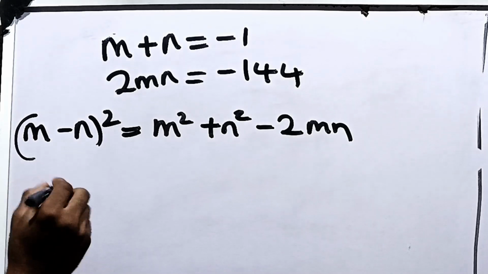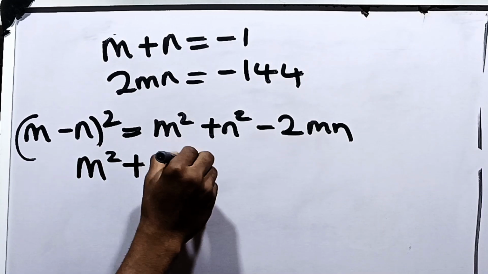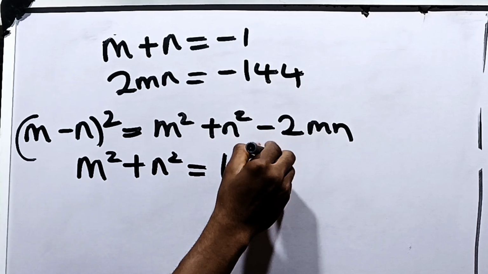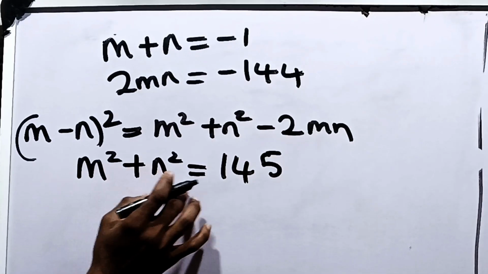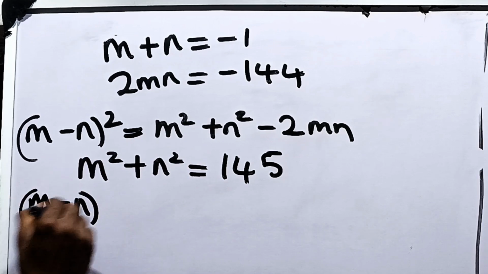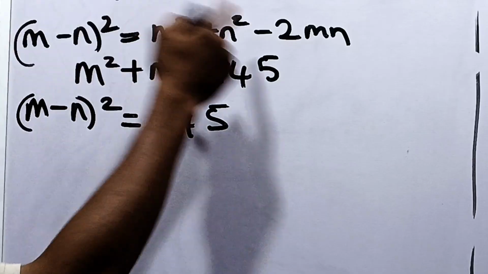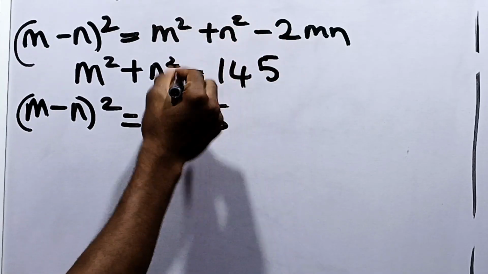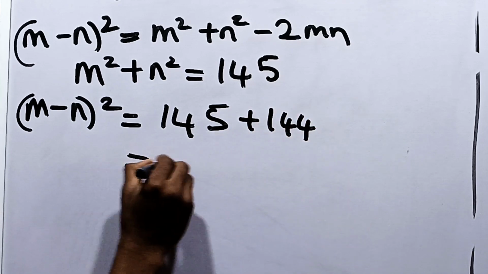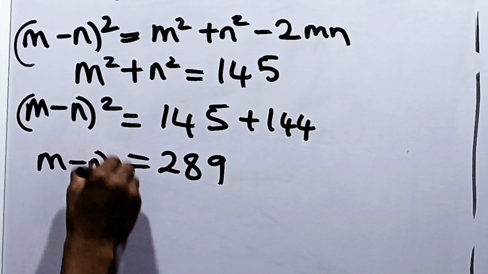Now moving on from here, we can now say that, recall that our m squared plus n squared is equal to 145. Now, since m squared plus n squared is 145 in this equation, so we have m minus n all squared to be equal to 145. 2mn is negative 144, so we have minus 2mn will now be plus 144. Now we have this to be equal to 289. Our m minus n all squared.